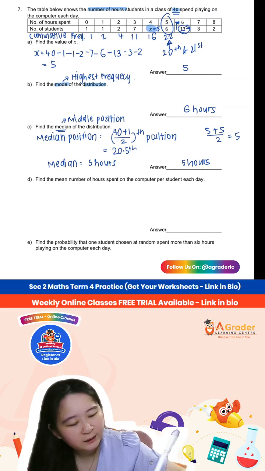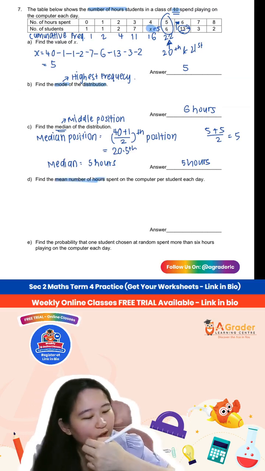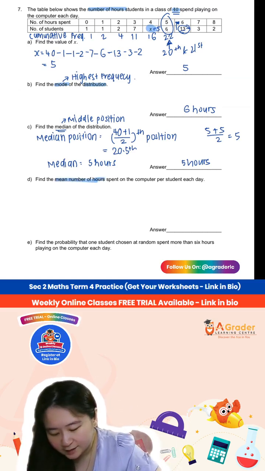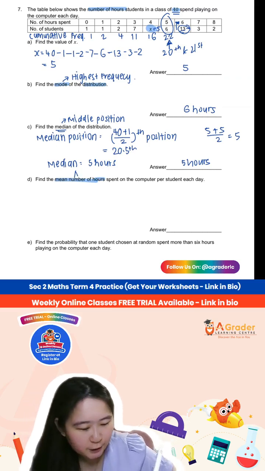Find the mean number of hours spent on computer per student each day. So mean, we are looking at average. We have learned average before.